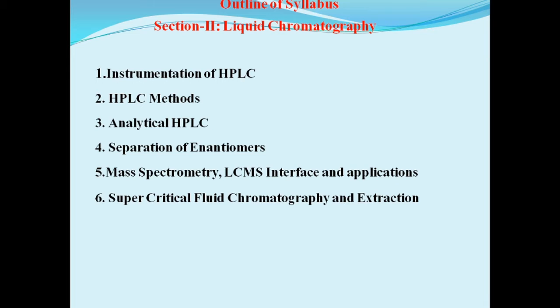Second chapter is HPLC methods. A. Adsorption chromatography, normal phase chromatography. What is adsorption? The eluotropic series, selectivity, properties of the mobile phase, choice and optimization of the mobile phase, applications. B. Reverse phase chromatography.